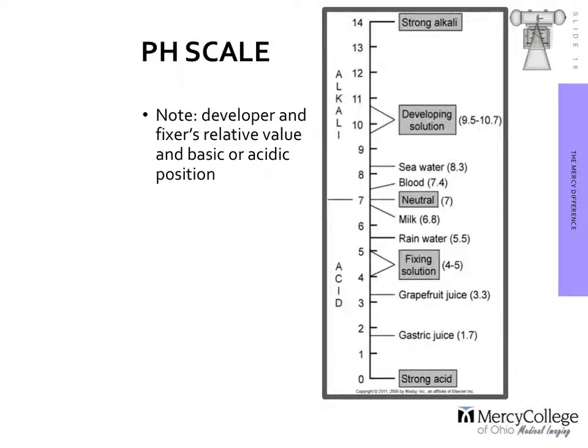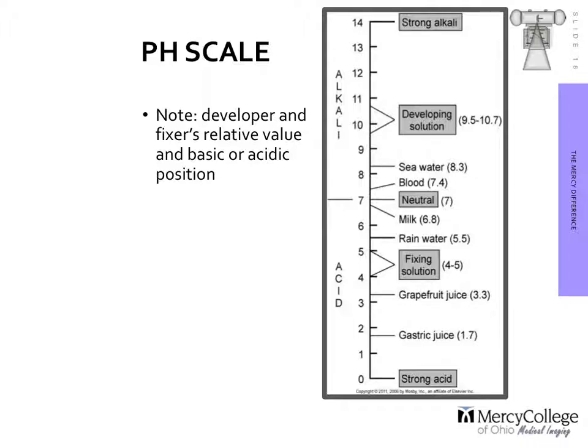You can see where the developer solution and the fixer solution fit in comparison to other common things like blood, rainwater, grapefruit juice, and stomach acid. Fixer isn't as acidic as stomach acid, but nonetheless it still is an acidic material according to the pH scale.